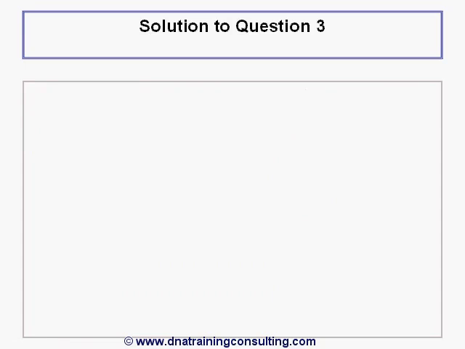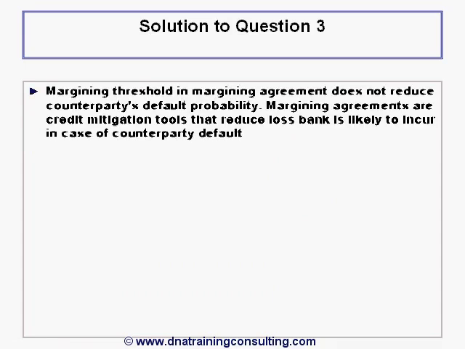Solution to question 3. The margining threshold in a margining agreement does not reduce the counterparty's probability of default. Margining agreements are credit mitigation tools that reduce the loss the bank is likely to incur in the case of counterparty default.